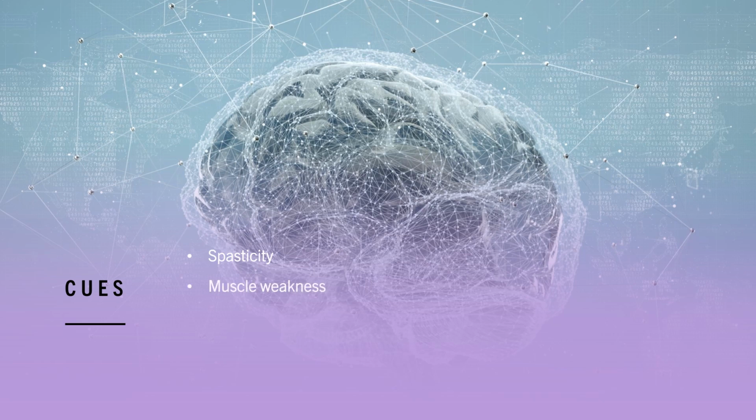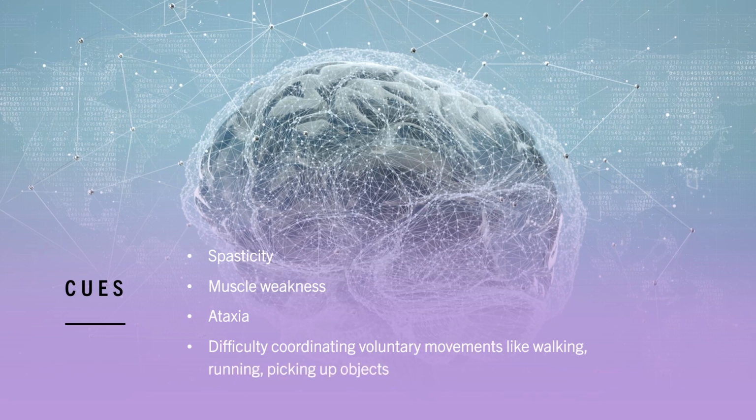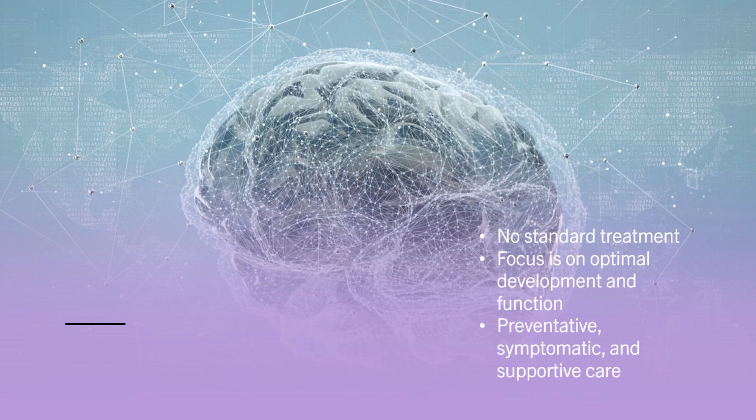Some of the cues that we're going to see are spasticity, muscle weakness, ataxia, difficulty coordinating voluntary movements like walking, running, fine motor skills as well, like picking up objects.